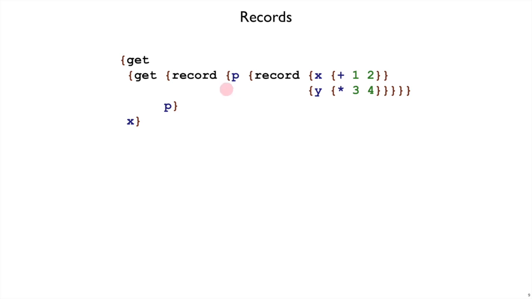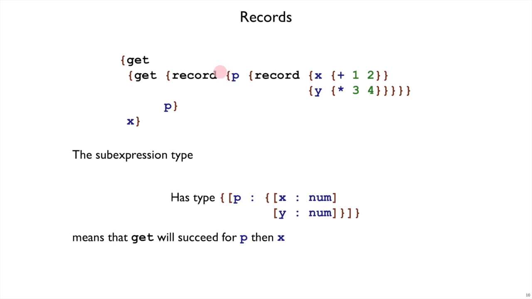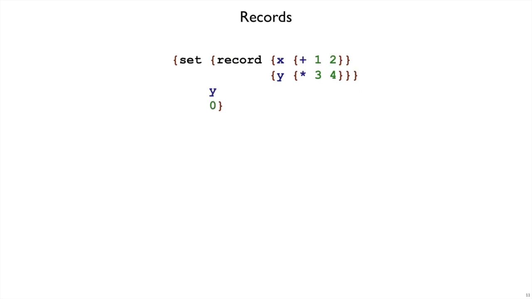If we nest records like this, then again, we can check that the get will work, because this record here, as we saw, has this type, p, which has a record as its field value. And so we know that the get will succeed on p, and then the result of that will be a record where the get will succeed on x. And then looking at set, if we set on this record, again it could be some more complicated expression that produces a record, but from the type we know it will have an x and a y, and so the set on y will succeed.